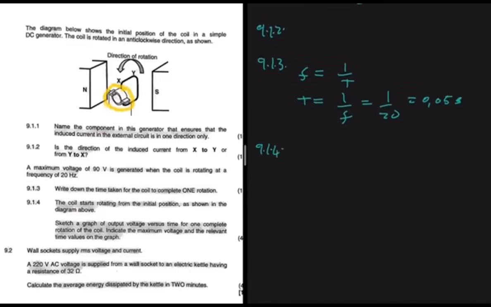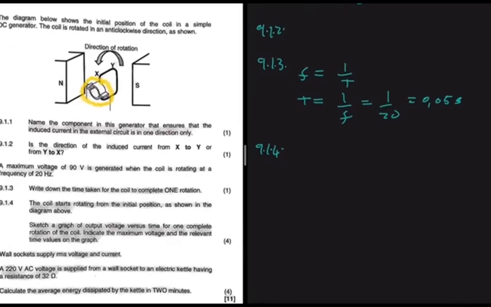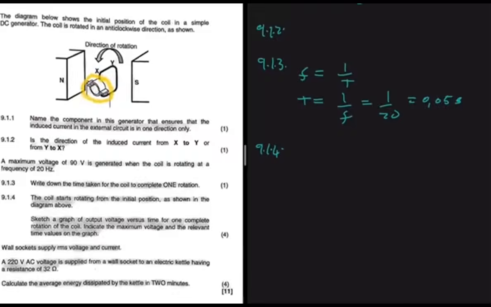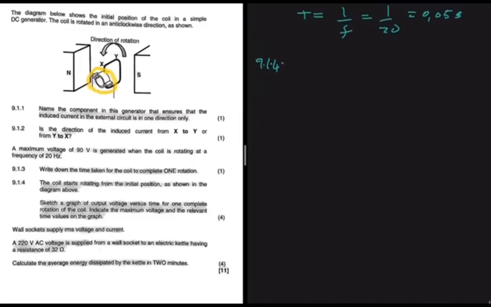Let's move to the next question, 9.1.4. It says that the coil starts rotating from the initial position as shown in the diagram above. Sketch a graph of output voltage versus time for one complete rotation of the coil. Indicate the maximum voltage and the relevant time values on the graph. So let's sketch our axes.